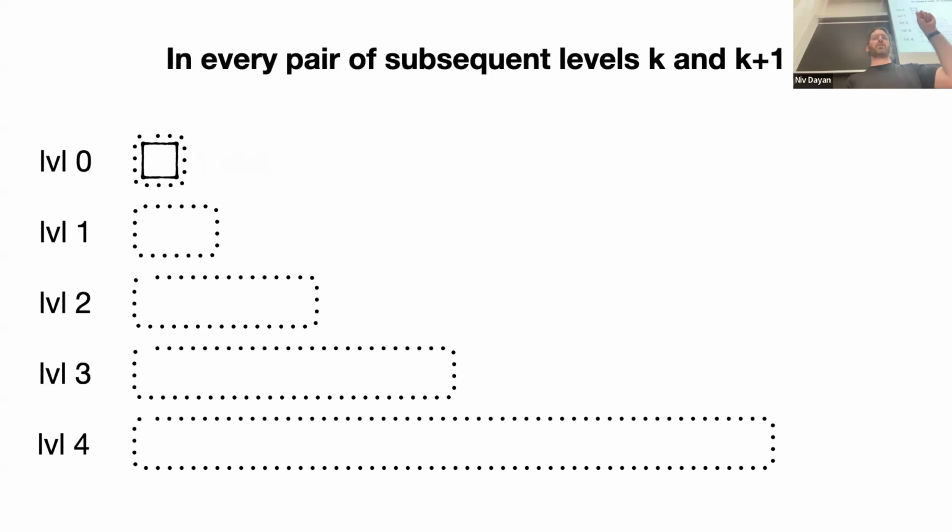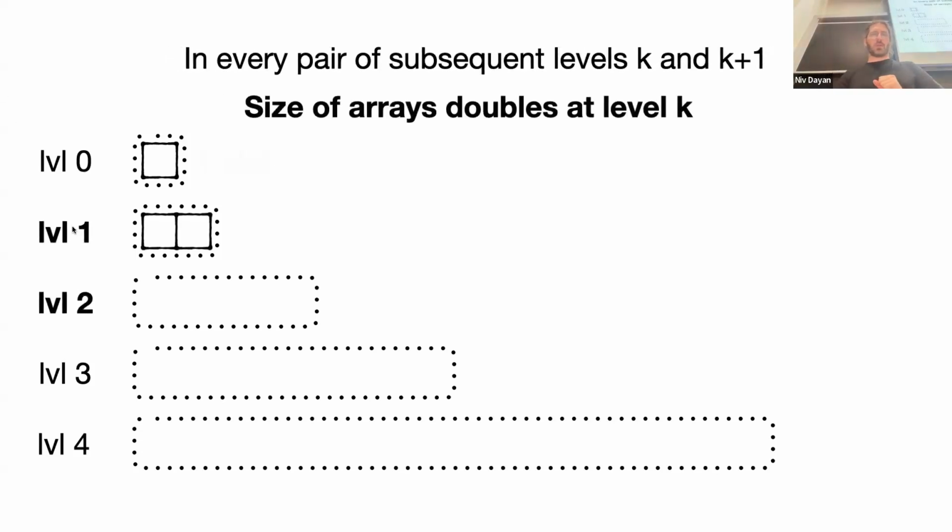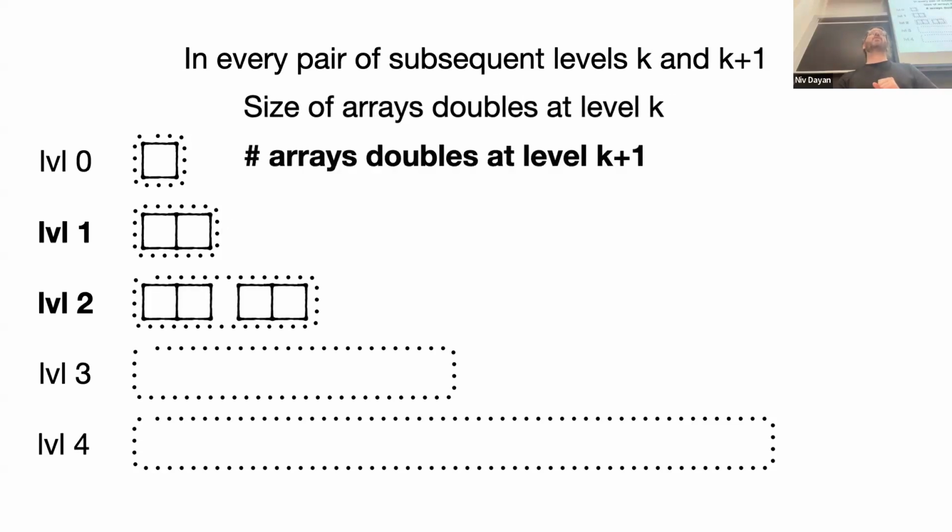And then for every pair of subsequent levels, we're going to do the following. For the next level, we're going to double the length of the arrays relative to the previous level. And then every second level, we're going to double the number of arrays, or the number of data blocks.